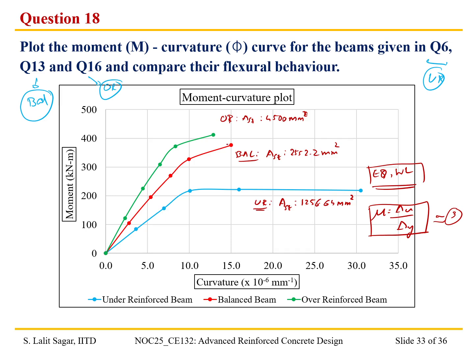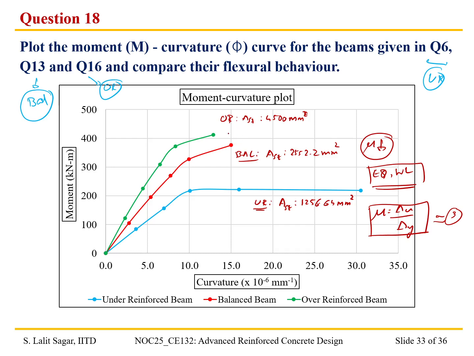When we consider a balanced section, we see that the deformability or the ultimate curvature does not extend much beyond the yield point, if we consider this as the yield point. So again the ductility value is very less for the balanced section, and this type of behavior is not really ideal for a reinforced concrete structural component.